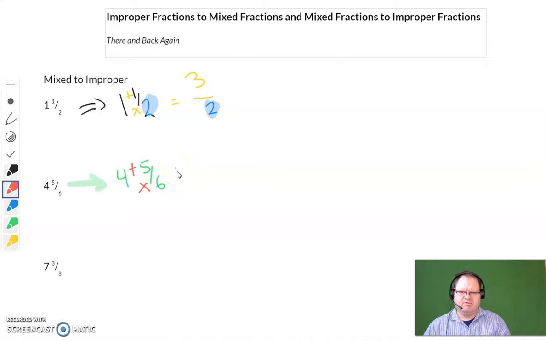And as I said before, the denominator, the bottom part, doesn't change. So it is still 6. So 6 times 4 is 24, plus 5 is 29. We don't have to worry about putting it into lowest terms at this point, since all we're trying to do is change from a mixed fraction to an improper.